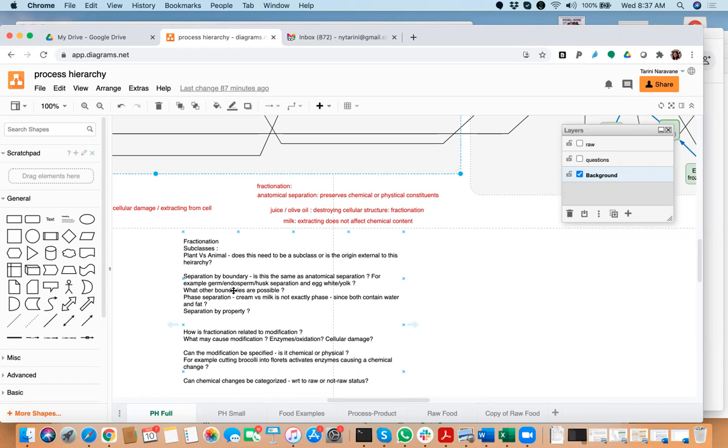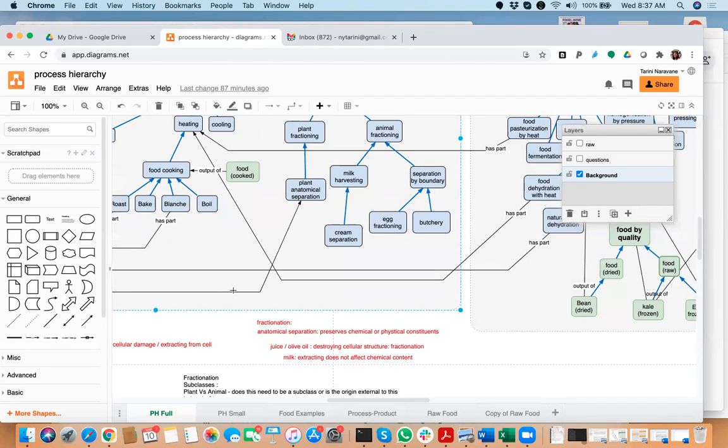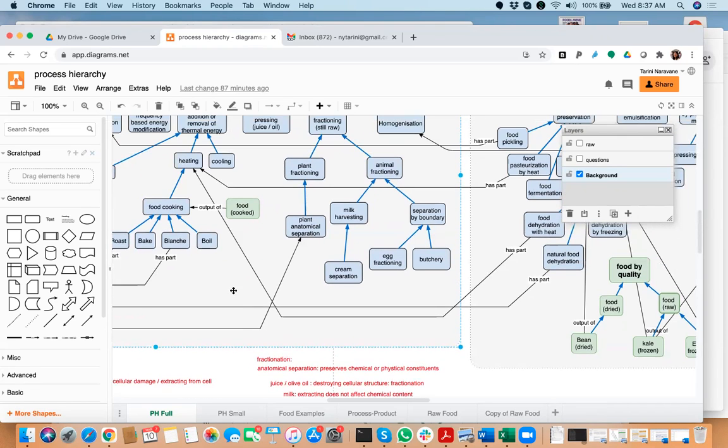Mm-hmm. Can we just scroll up to the diagram again? Yeah, so it popped out: animal fractioning, this whole word fractioning, separation and fractioning, the relationship between those two words. An interesting thing right away in the previous discussion was that animal fractioning could be the separation of milk just as easily as butchery and egg fractioning.